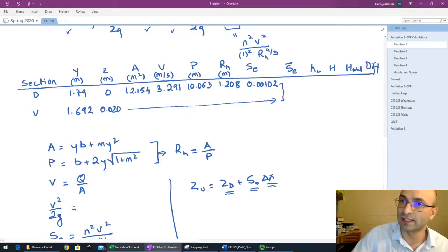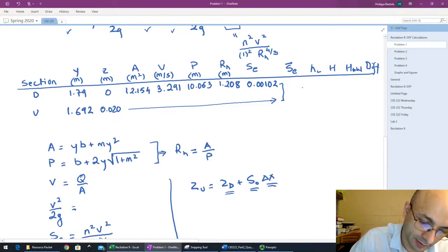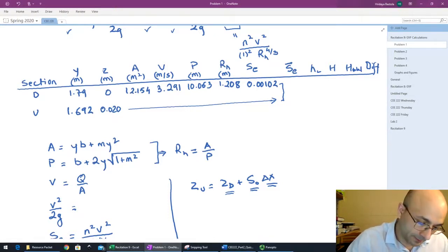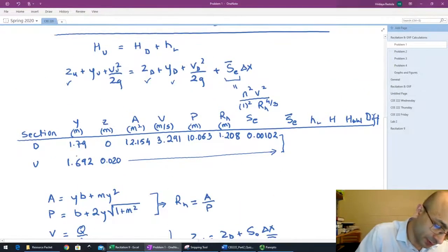You can go back to the Excel sheet that I had before to get the numbers here. So it's best done in Excel. Anything other than Excel would be a cumbersome task. But the next problem we'll look at is the direct step method. That one is a lot more straightforward and something you can do on paper. So this here is your final answer.